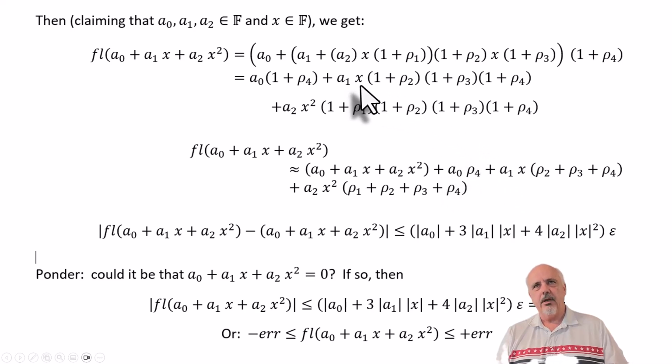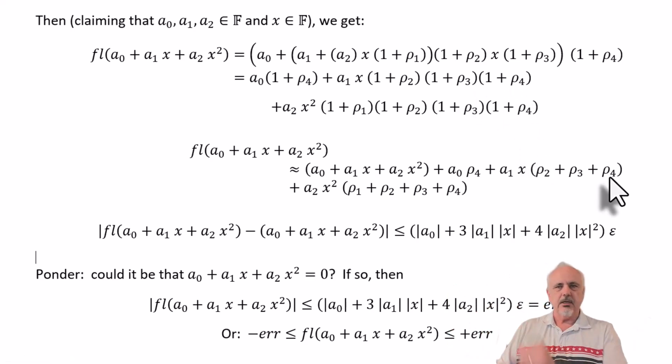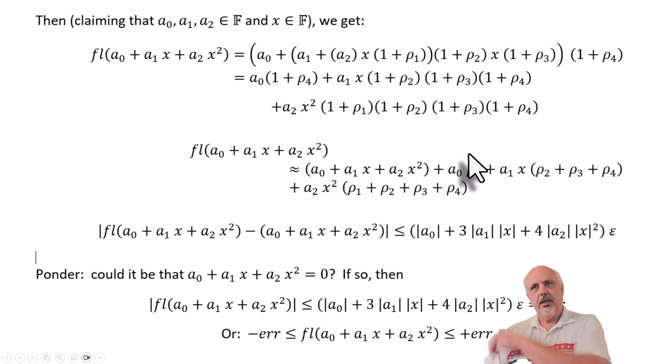And then for the a1x, all I'm left with is the row 2 plus row 3 plus row 4, because all of the other higher order combinations have been neglected because they're going to be very, very small. And then for the a2x squared term, all I have left would be just the linear terms of row 1 plus row 2 plus row 3 plus row 4.